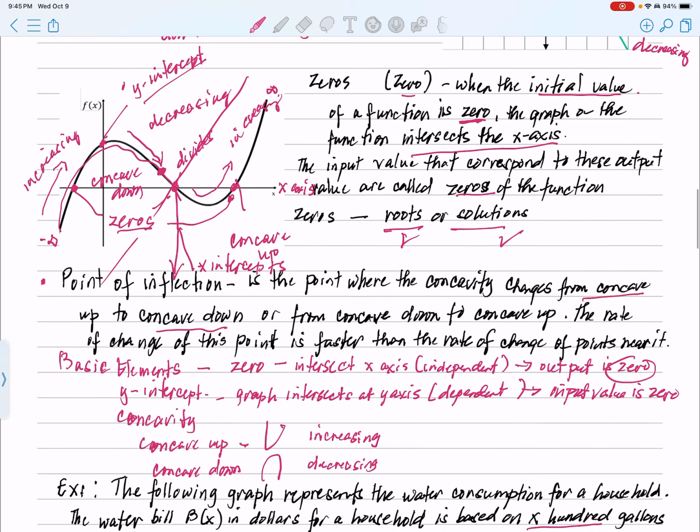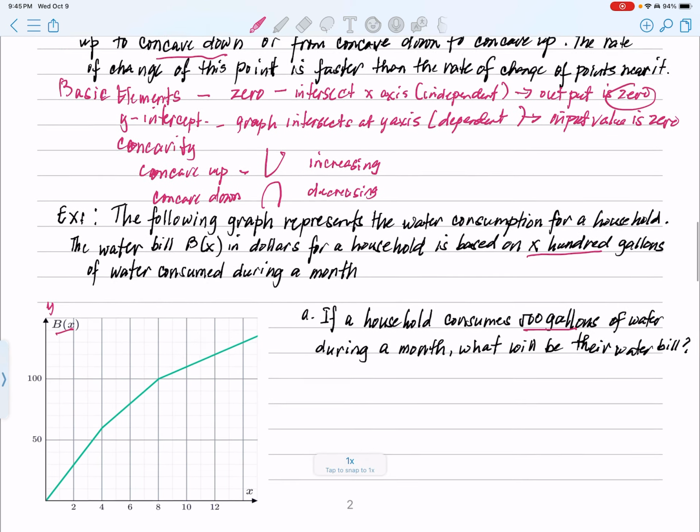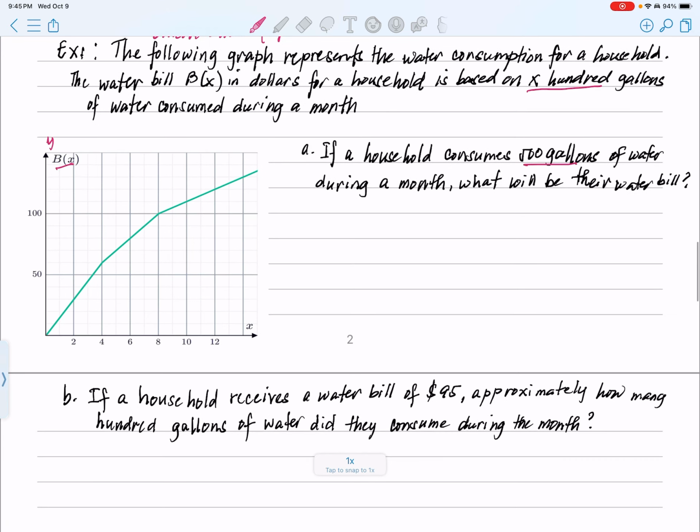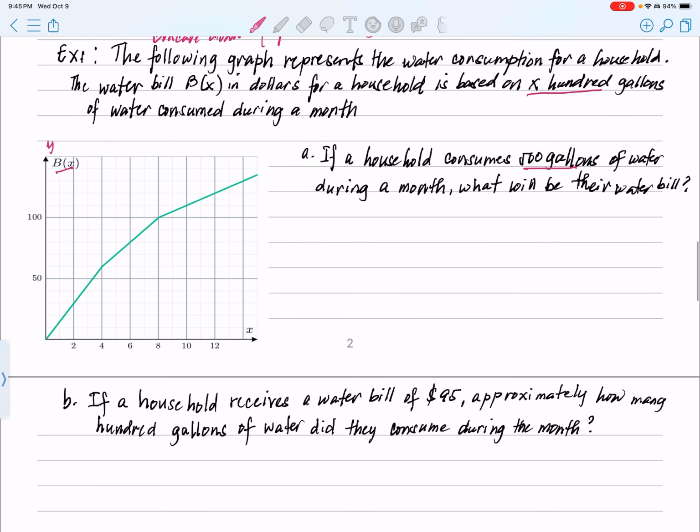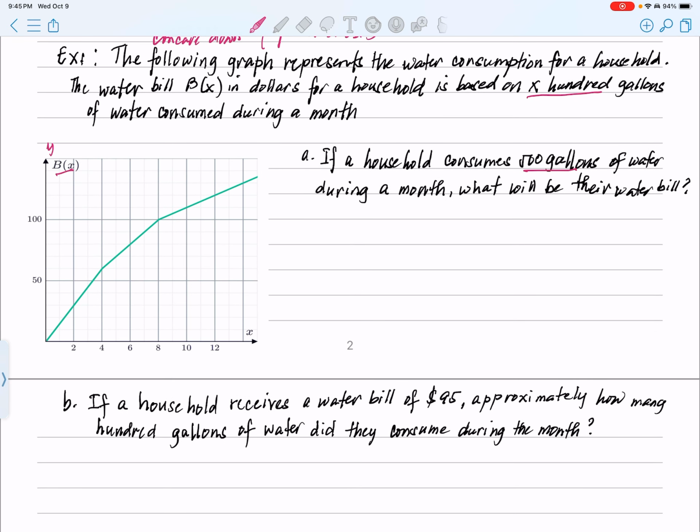Let's do some problems to understand a lot better. The following graph represents the water consumption for a household. The water bill, B of X in dollars, for a household is based on X hundred gallons.